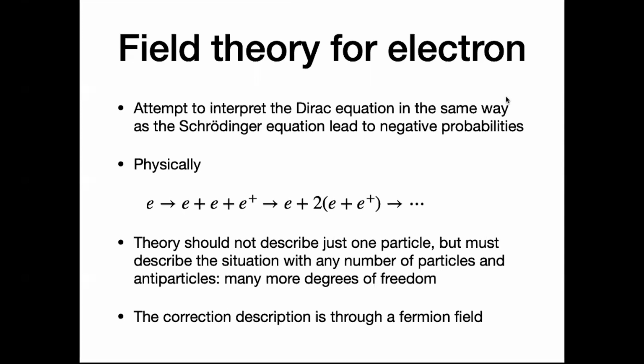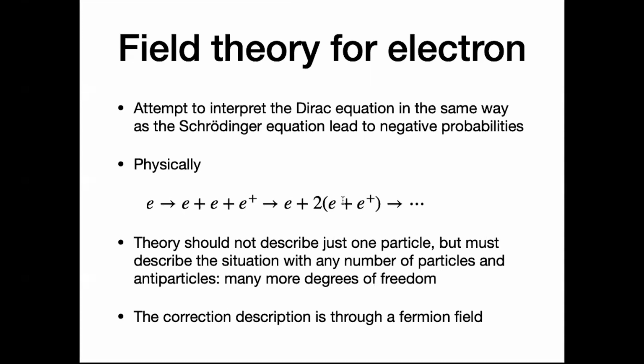So we cannot have a theory that contains only electrons. If we have a state of some physical system that has one electron, and if this electron interacts with something, if there is enough energy, there is a probability that this electron would produce a pair of electron and positron. One electron can become one electron and a positron, or one electron and two pairs of electron and positron.